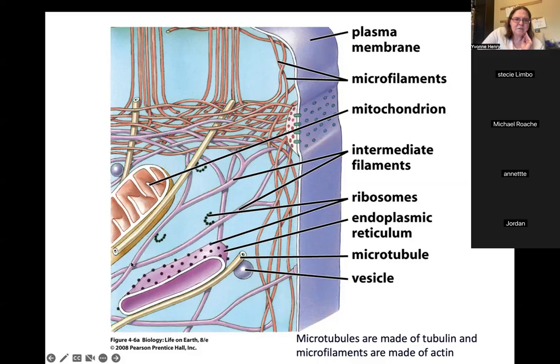And the intermediate filaments here kind of go on the diagonal, and you've got ribosomes attached to them, and it can kind of help the ribosomes move around to wherever they need to be, because ribosomes kind of can float free in the cytoplasm or can move around. We also have a vesicle here that's moving around using this microtubule highway. So kind of think of it like these orange tubules that are running vertical and horizontal predominantly are like your 401 highways.